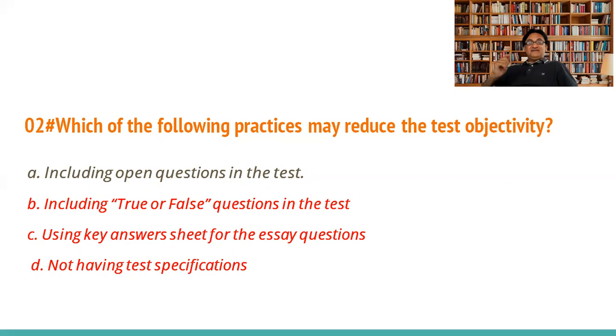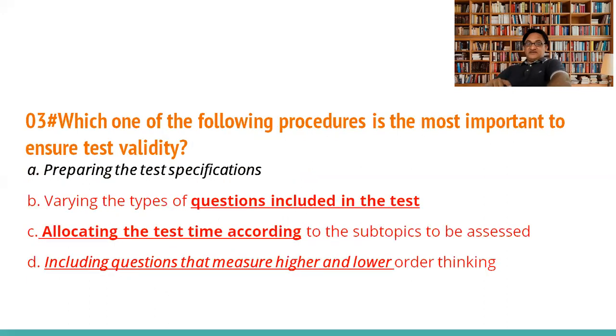So let's see the first one, including open questions in the test. Open-ended questions have multiple and authentic explanations based on evidence, so they have less objectivity, less bias. However, true or false and multiple choice have more objectivity and bias, since somehow people agree on the decisions: maybe this one is wrong, maybe that one is correct. So the first one is the answer: open-ended questions have less objectivity.